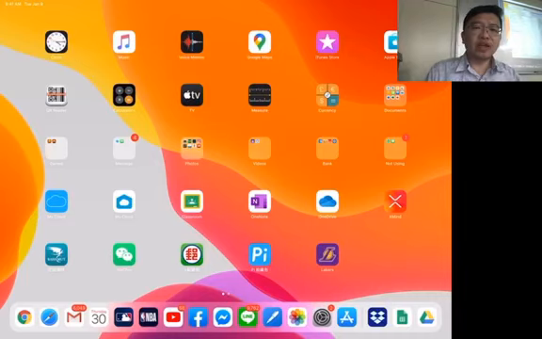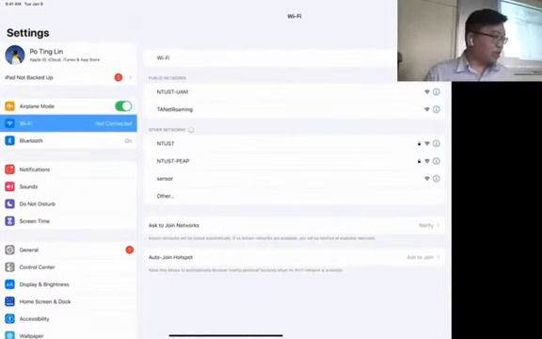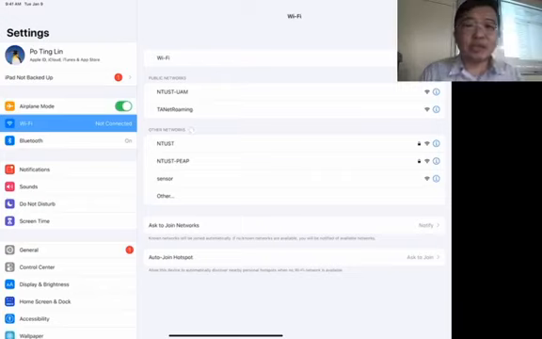See if I can use AirDrop to drop it to my iPad so you can see it. AirDrop. Turn on Bluetooth. Okay, I see my iPad, and let me see if I can drop it here.